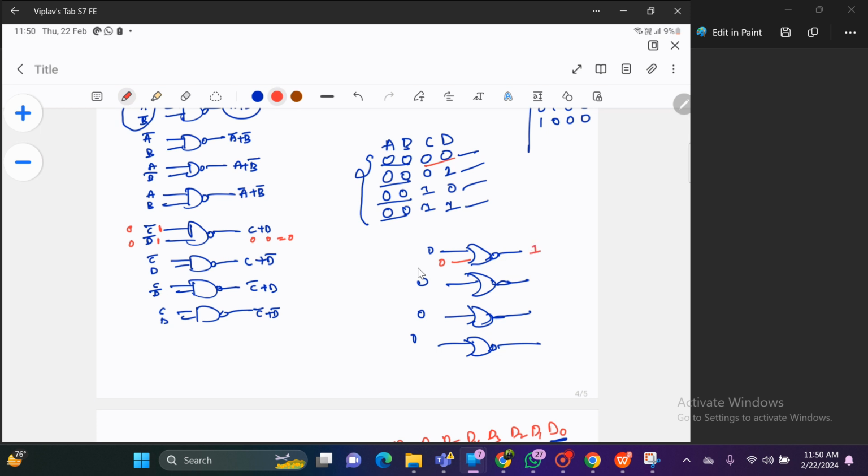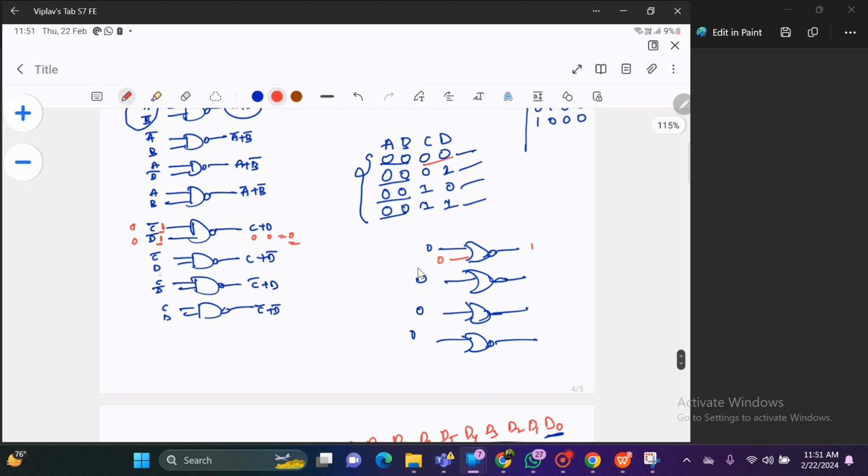Okay. 0 0 NOR gate is 1. Then C plus D bar. So C is 0 plus D bar is 0, so again it is 0, and the NOR output becomes 1. When there is 1 and another input is also 1, the 1 1 to NAND gate output is 0. Okay, that's clear.